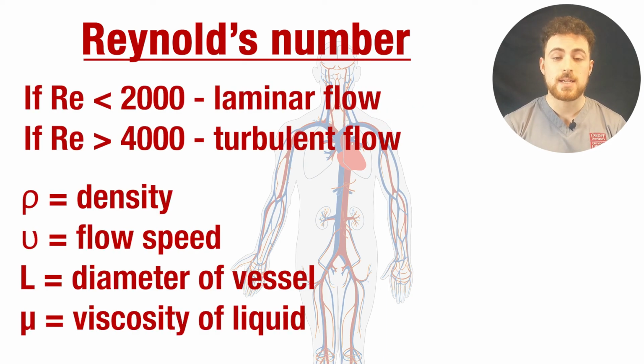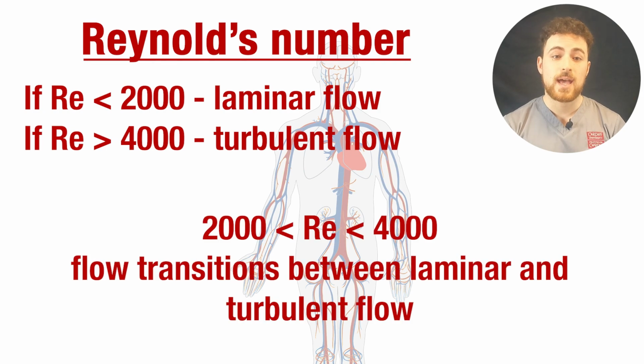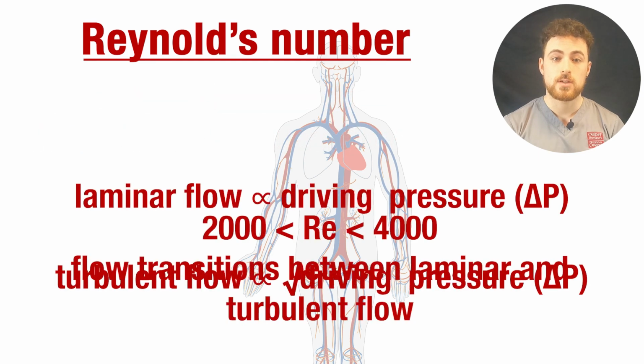If Re is less than 2000, flow is laminar. If it's over 4000, flow is turbulent, and at Re equal to 2000 to 4000, flow might transition between the two. In laminar conditions, flow is proportional to the driving pressure. In turbulent conditions, it is proportional to the square root of the driving pressure.